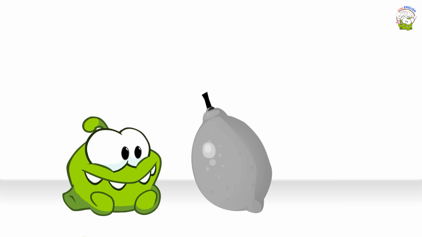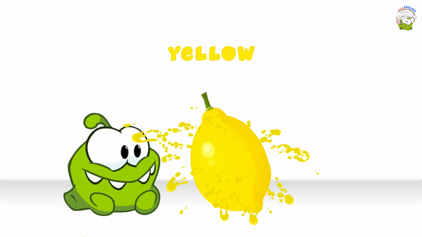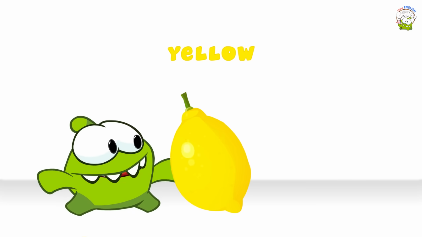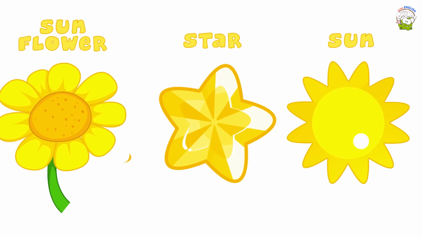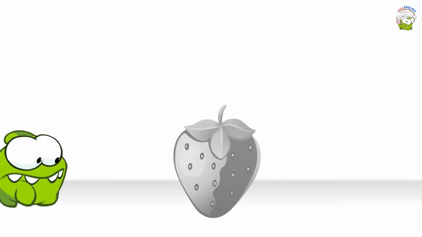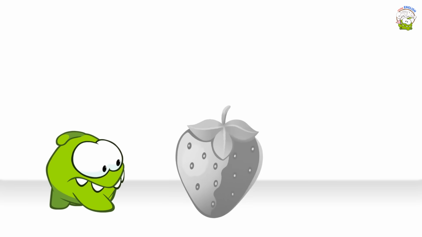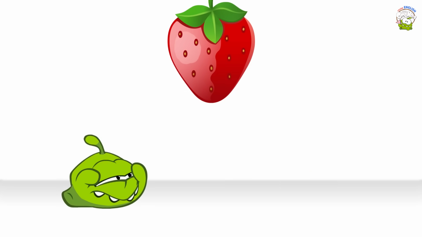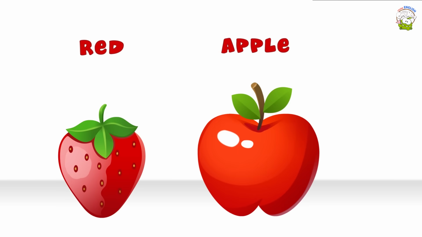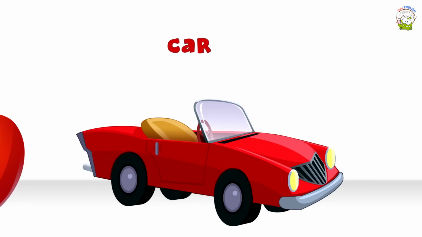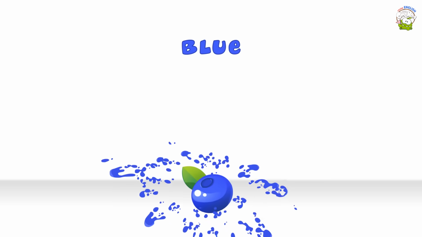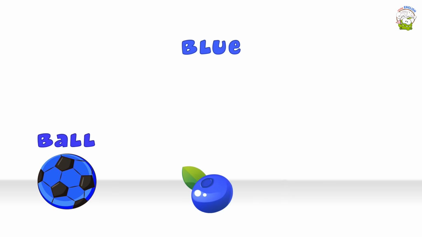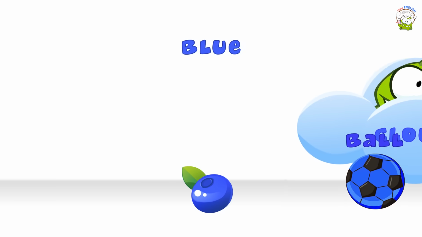What color is the lemon? Yellow, yellow. The lemon is yellow like the star, like the sun, like the sunflower. This is so much fun. What color is the strawberry? Red, red. The strawberry is red like an apple, like a car. You're doing great, like a superstar. What color is the blueberry? Blue, blue. The blueberry is blue like a ball, like a cloud.